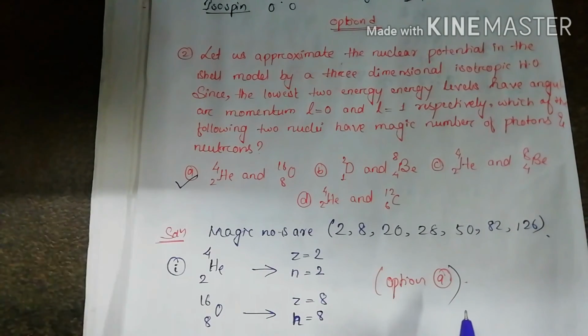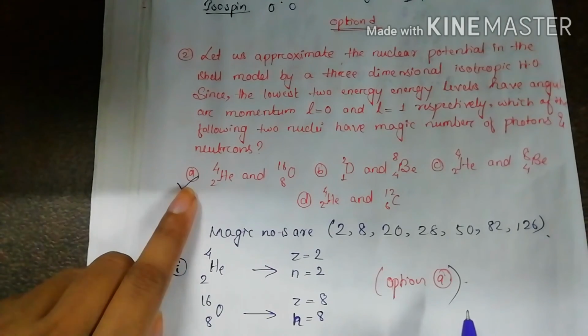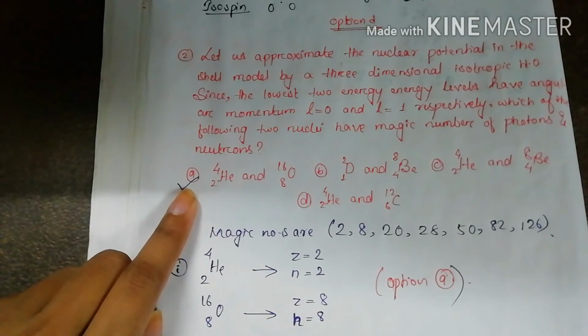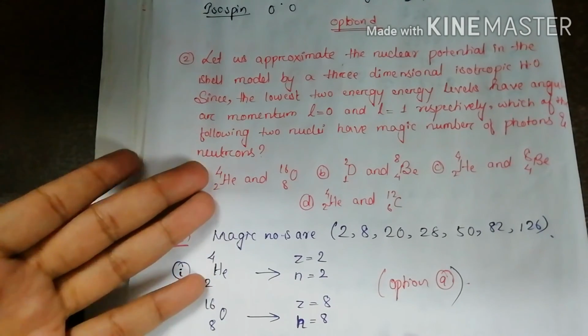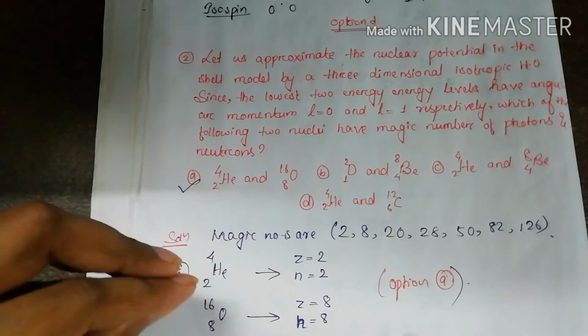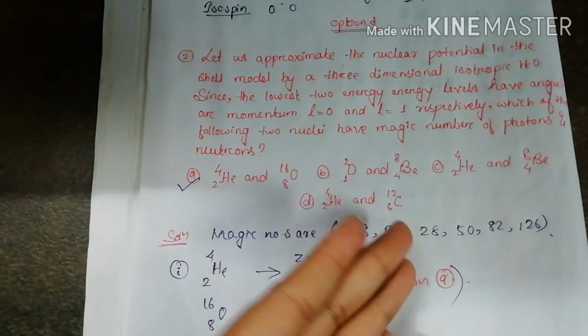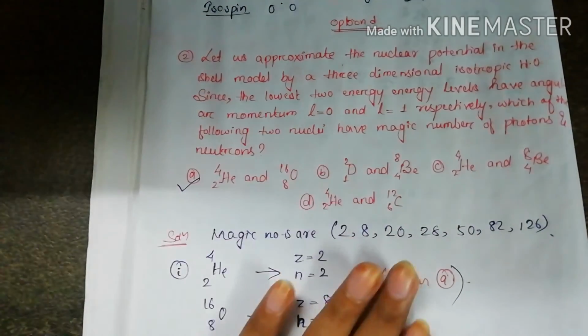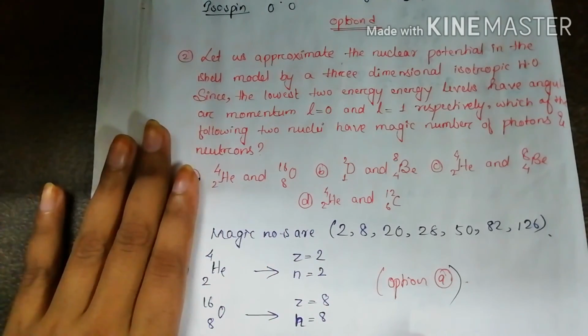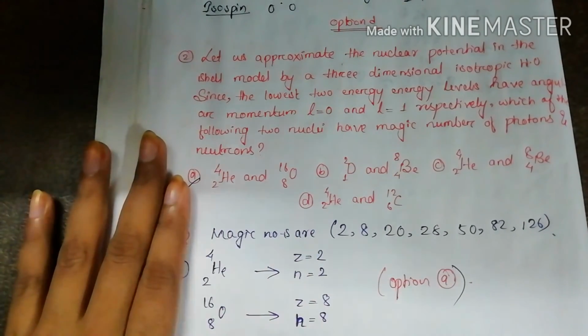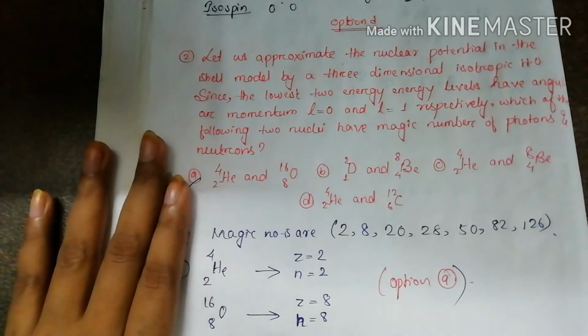So very clearly option A is the nuclei which has magic numbers of protons and neutrons. This is very simple, so you don't have to go for the rest. If you wish, you can calculate, but I have not, because I have got the correct option, the first one. Now let's come to the next question, which is the last question of this video.